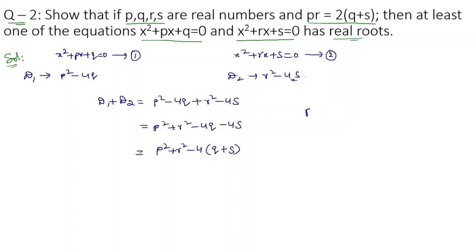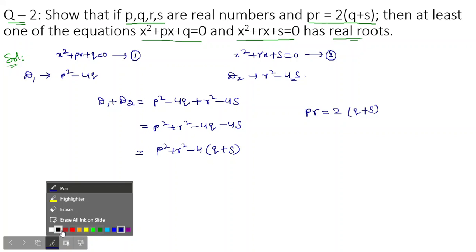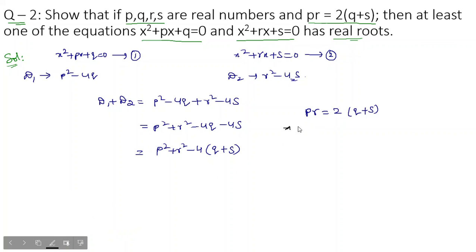It is given that pr is equal to 2 into q plus s. Now this implies 2pr is equal to 4 into q plus s.